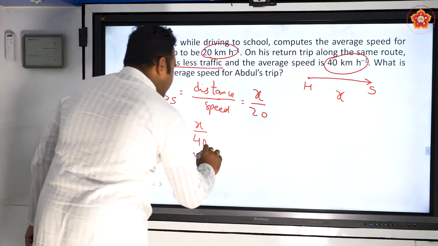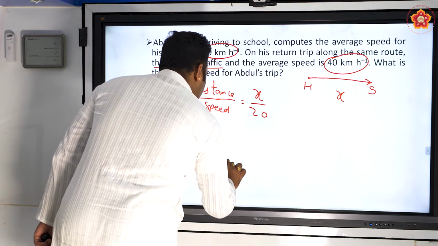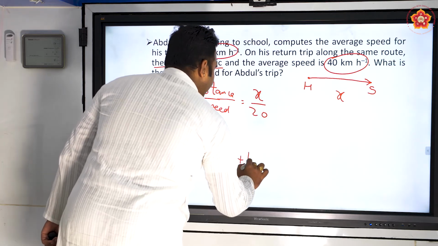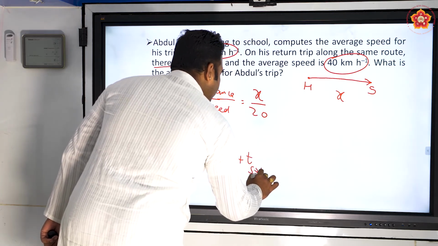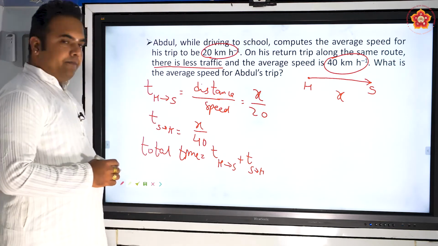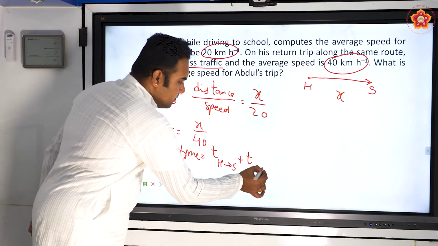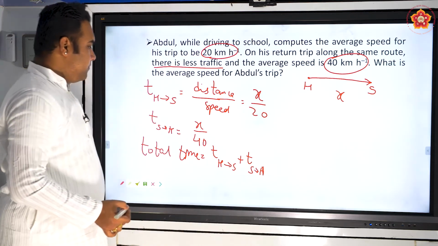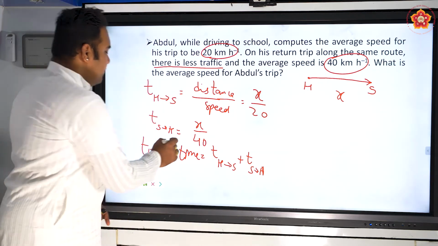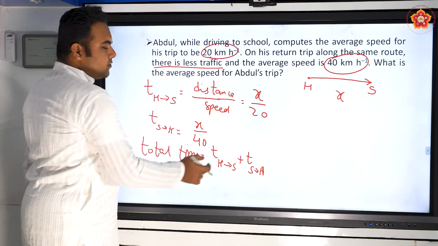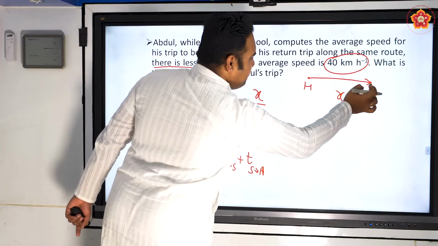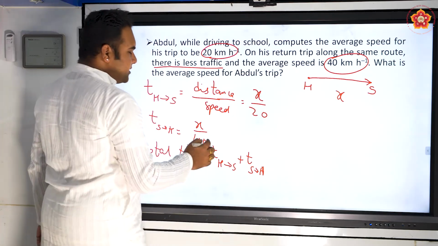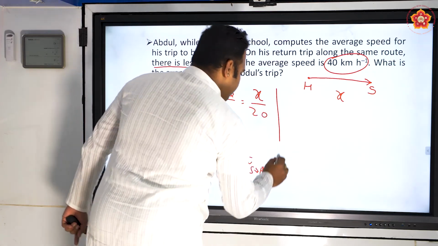Total time is nothing but time taken from home to school plus time taken from school to home. So the total time will be x by 20 plus x by 40.